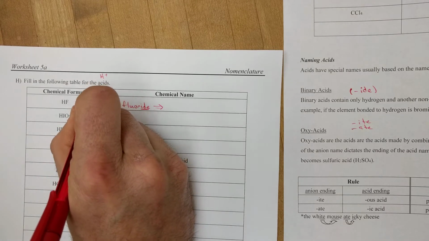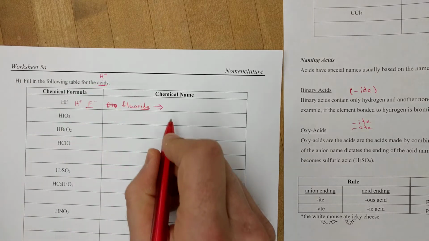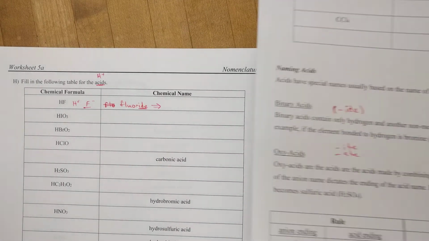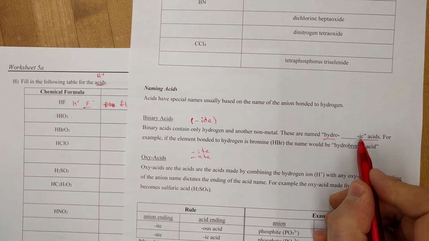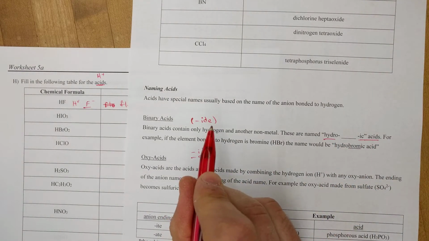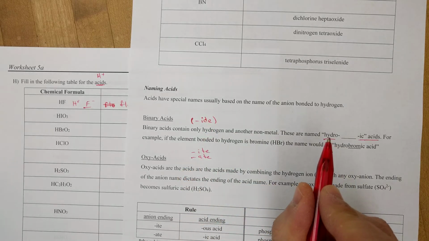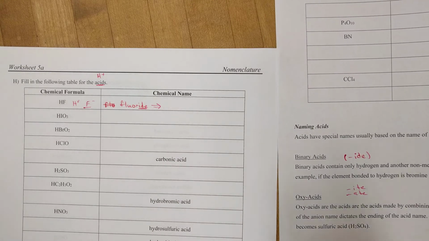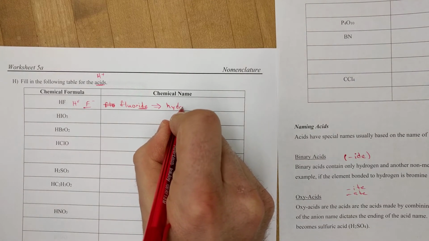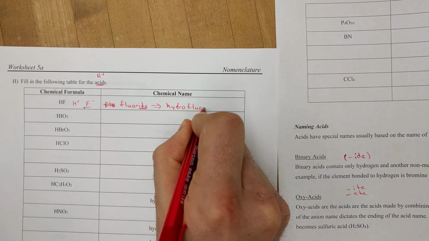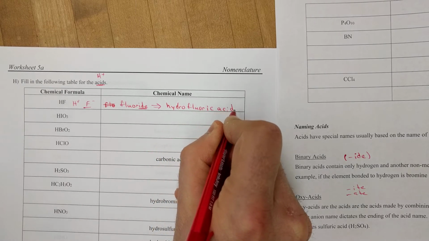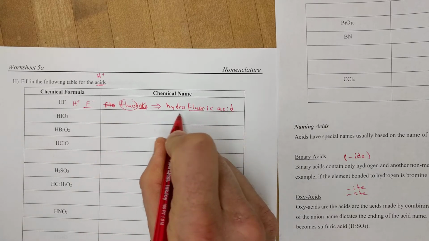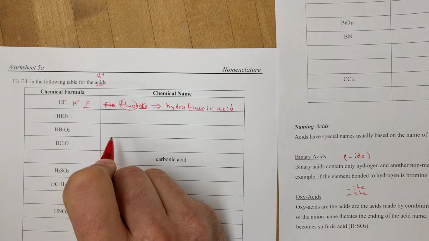That's what the H plus stands for, is acid. So all we're going to say is we're going to change that IDE ending, like we said over here, to hydro-ic acid. So if it's fluoride, we're going to take off the IDE and we're going to put in a prefix hydro and an ic acid ending. How does that work? We're going to say hydrofluoric acid. So we took off the IDE and we took that fluor part and put it right in the middle. Hydrofluoric acid for IDEs.